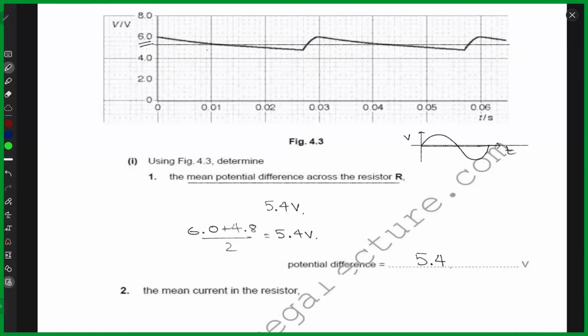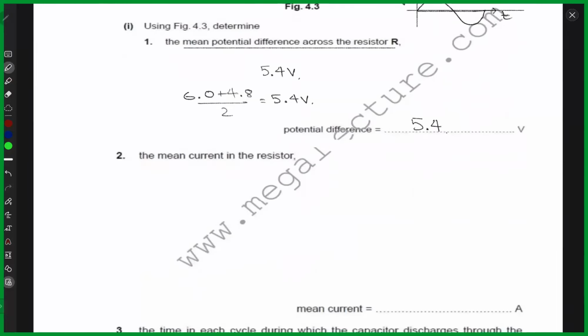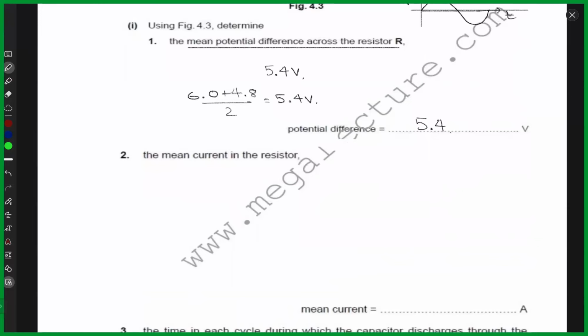Right. So now the mean current in the resistor. We know the resistor was 1 kilo ohm, right? 1 kilo ohm, that is 1000 ohms. They're asking for the mean current.